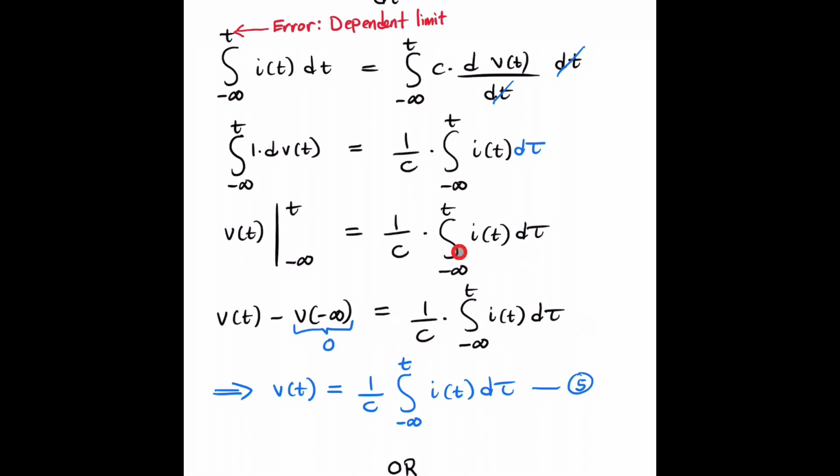So this implies that v of t equals 1 over C the integral of i with respect to tau from minus infinity to t, and we note that this one is 0, because at minus infinity the capacitor was not charged, it was uncharged. So for that reason, this guy is 0.